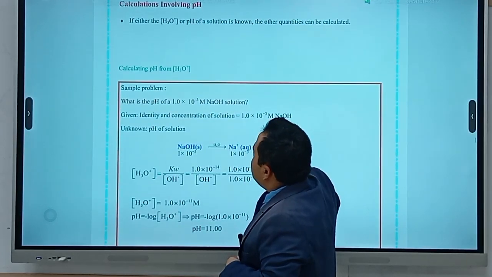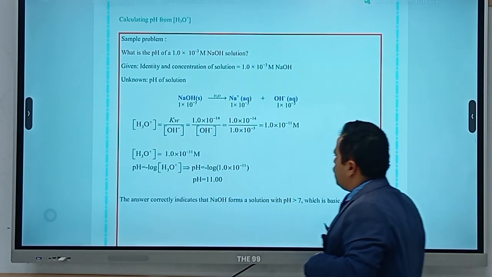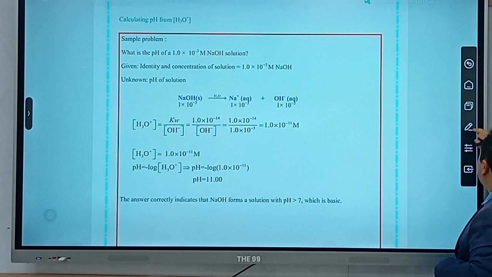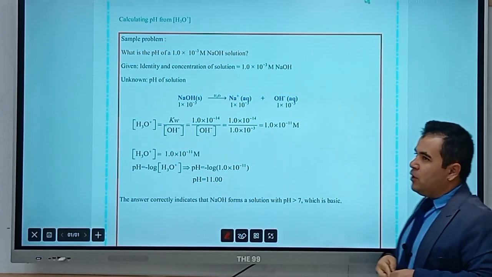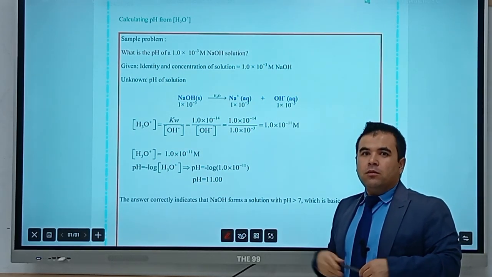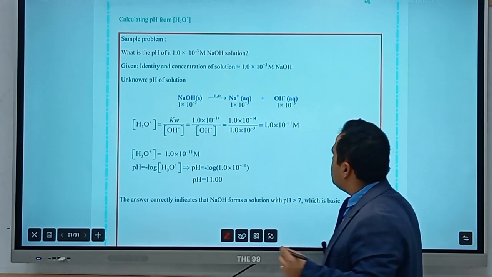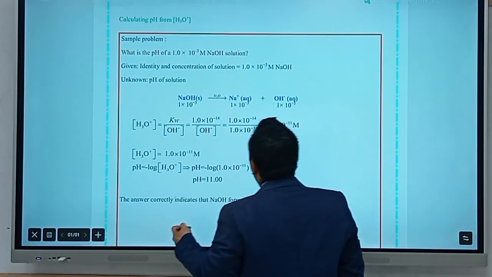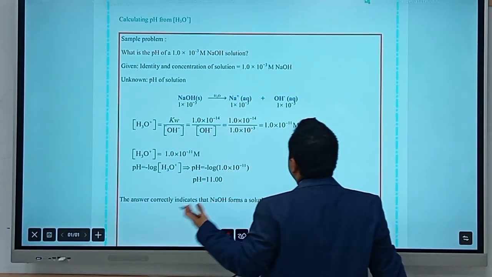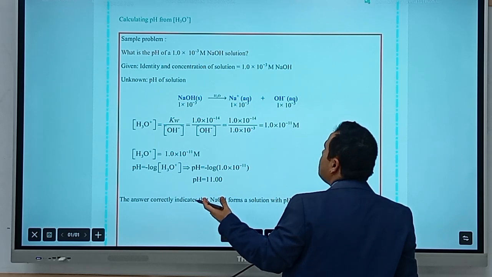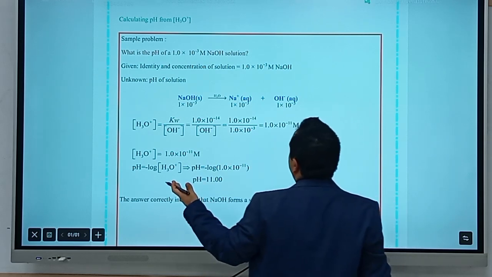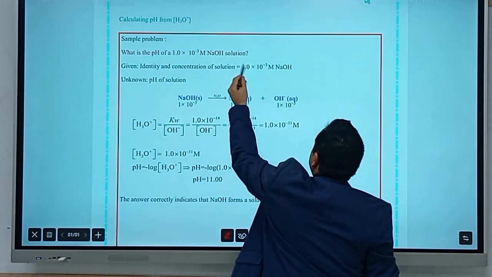Let us calculate the pH from the hydronium concentration. Simply, whenever the hydronium concentration is given, or if it's not given, the acid or the base concentration is given, we will be able to convert to the pH and pOH, hydronium, hydroxide.